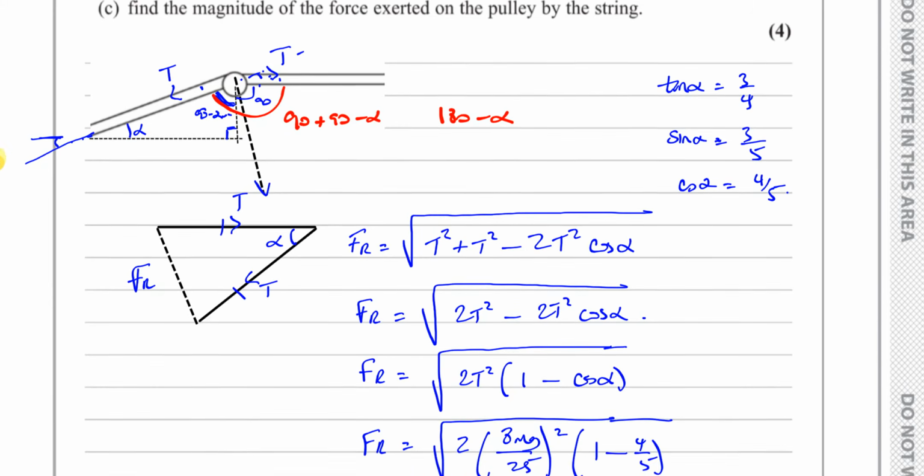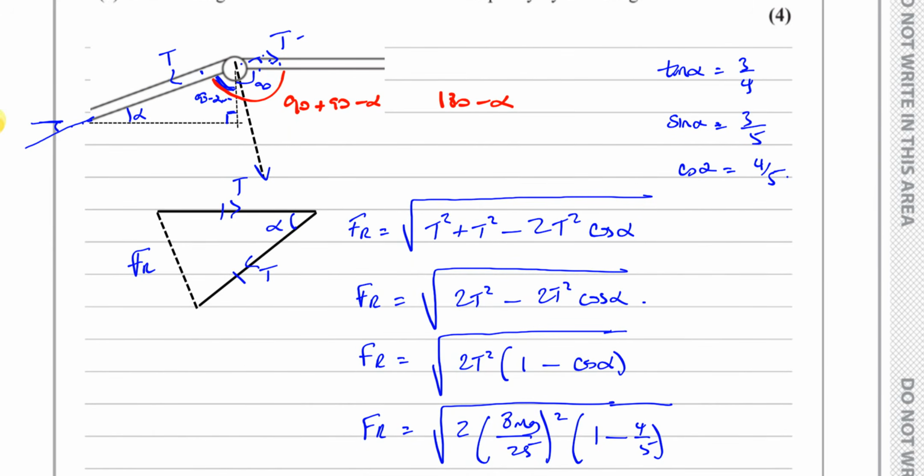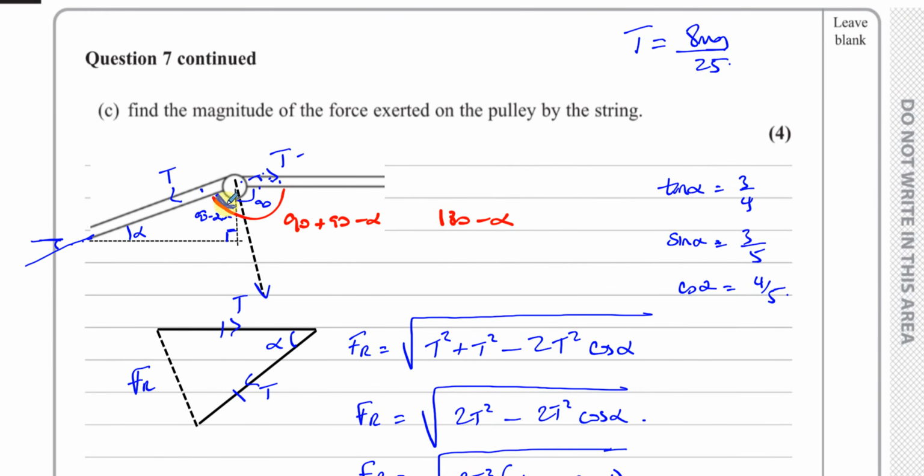If you want to find the resultant force, the angle between this force and the resultant, this angle here, is going to be 180 minus alpha divided by 2.